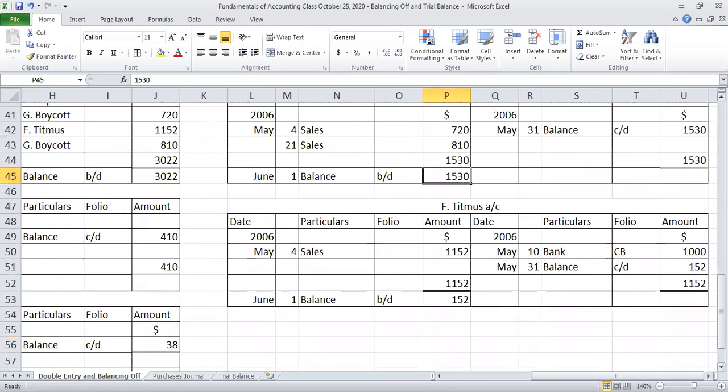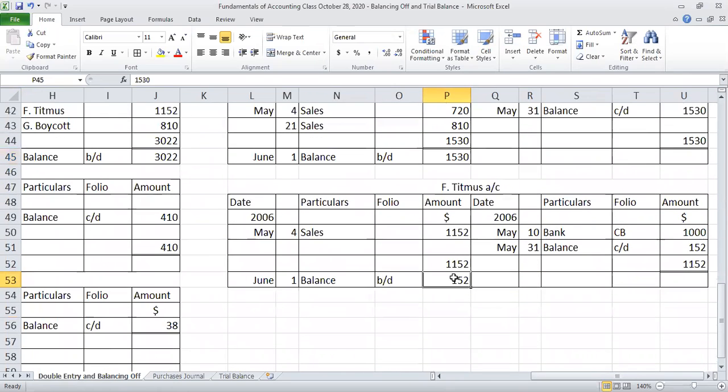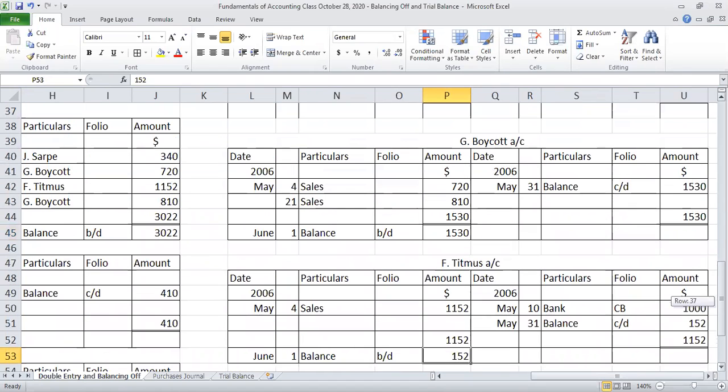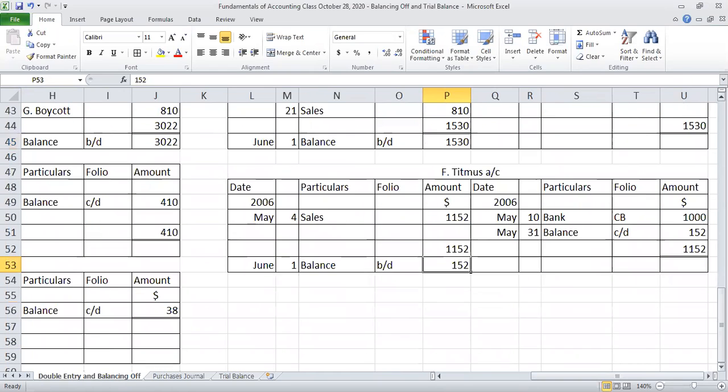Down to FTT Musk now. FTT Musk has a debit balance of 152. That is a debtor as well, and it has a debit balance. So you're going to put in FTT Musk and put his balance under the debit side in the trial balance.